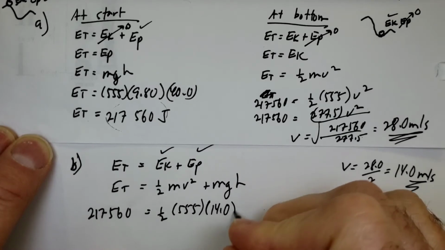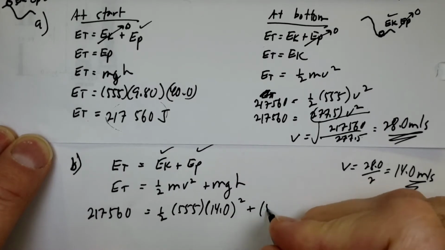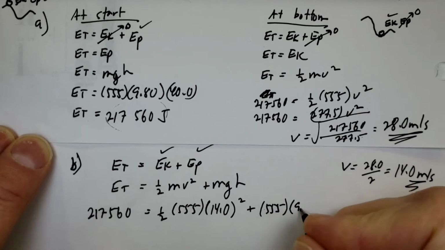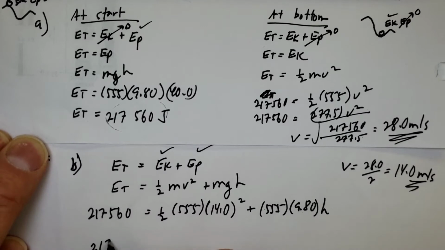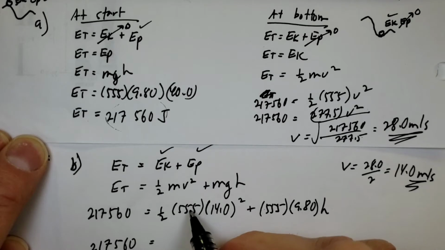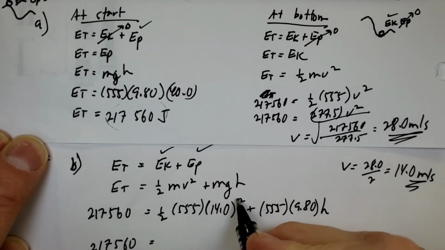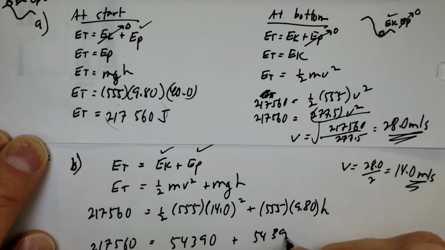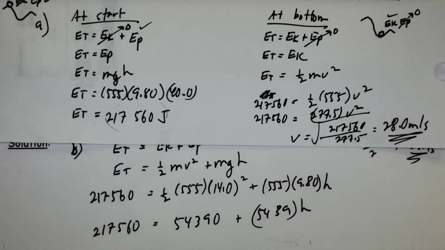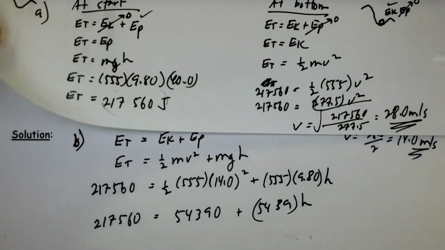So 14.0 squared plus mass, positive 9.8 and h. We're solving for h in this one. So let's see, 14 squared times 555 times a half. Remember, you have to square it first. BEDMAS rules. And then 555 multiplied by 9.8.